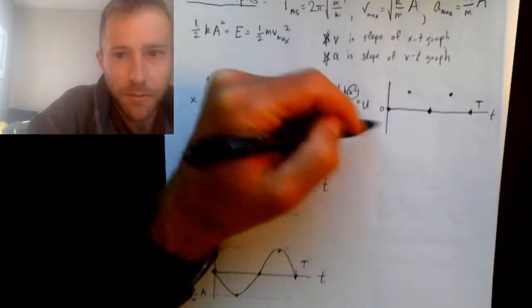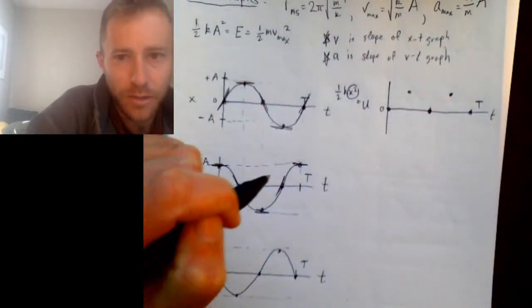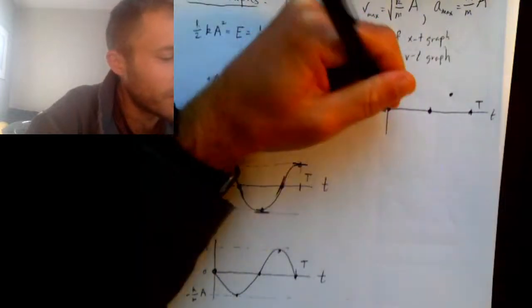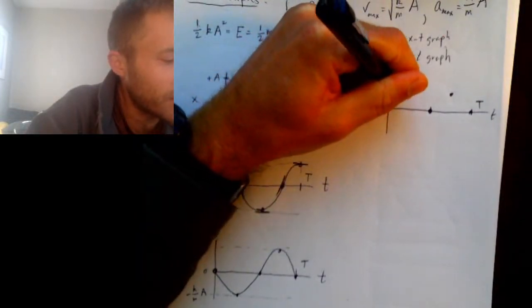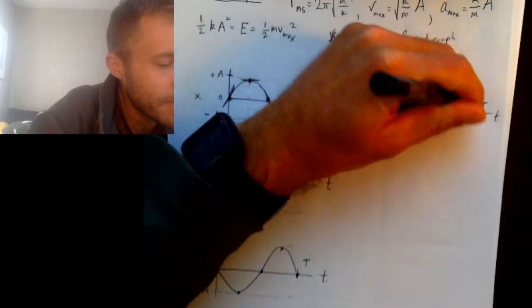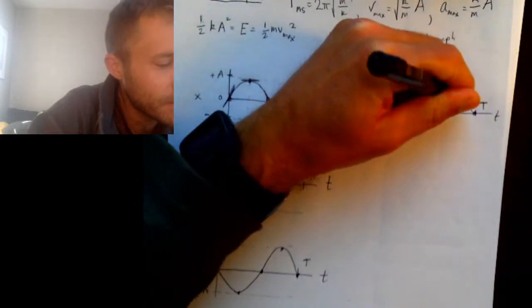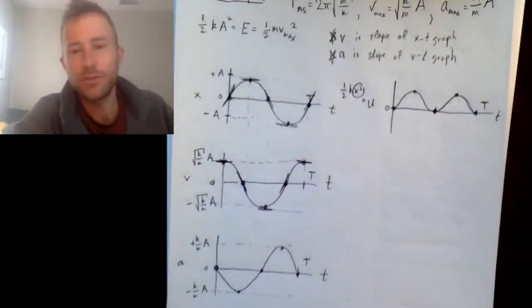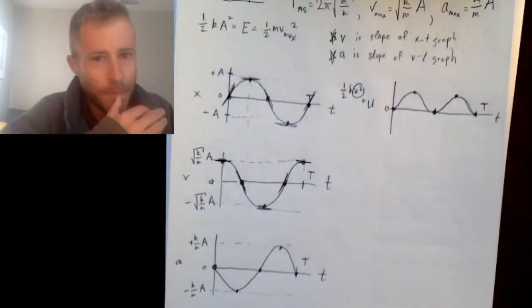So again, I have 5 points, which I can use as the basis for sketching out the potential energy as a function of time.